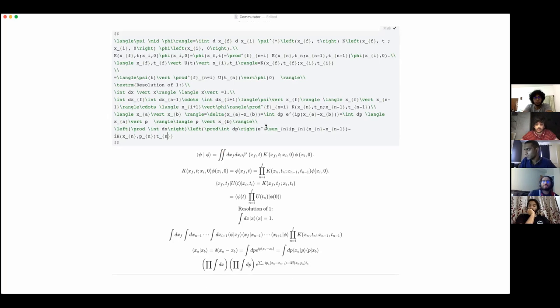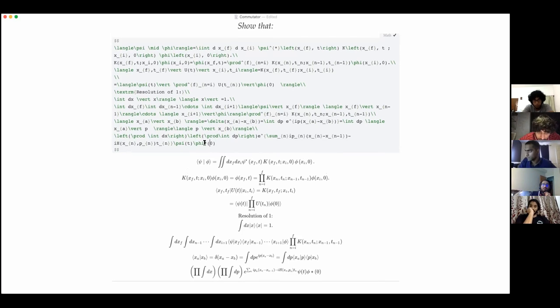And what do I have? I still have my product of psi of t, phi star of 0, whatever.